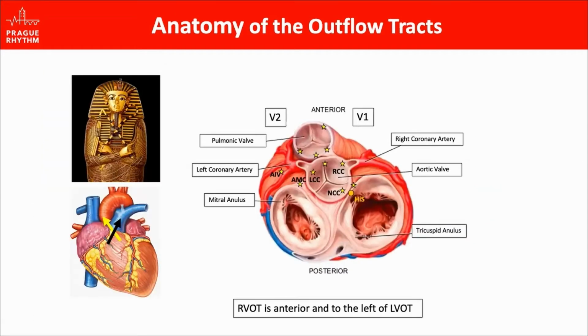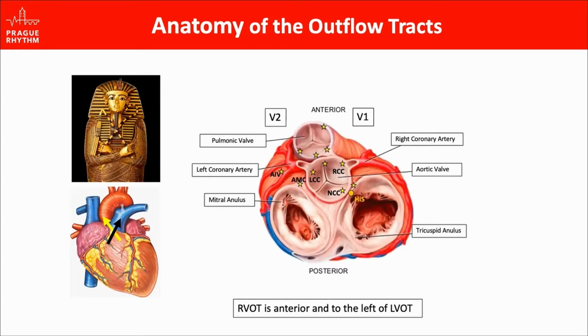The outflow tract is a complex and anatomically very condensed region with overlapping critical sites in close proximity. And this is my first anatomical consideration: the RVOT is more anterior and more to the left of the LVOT.